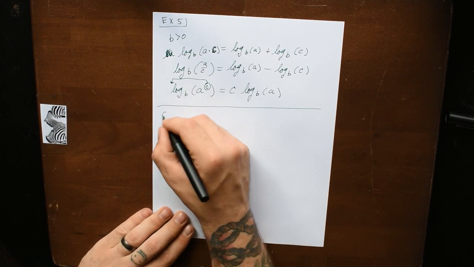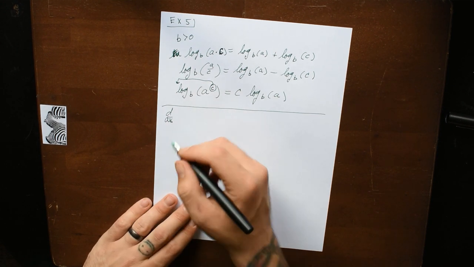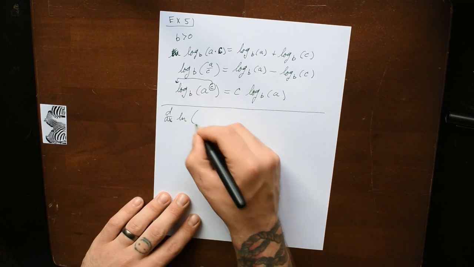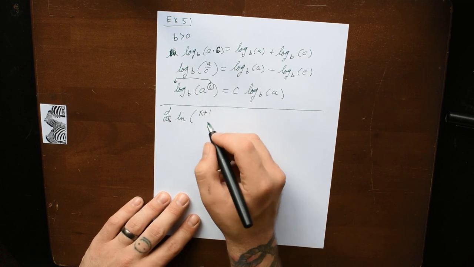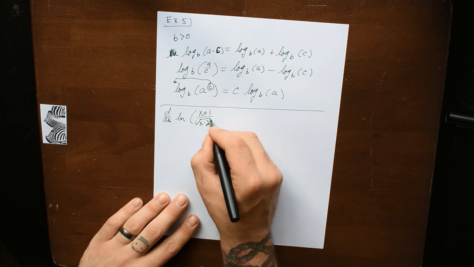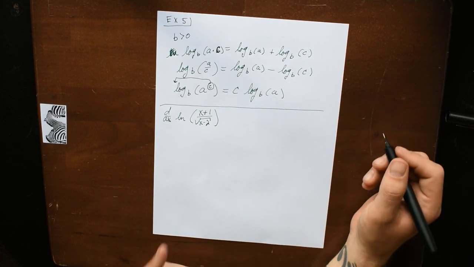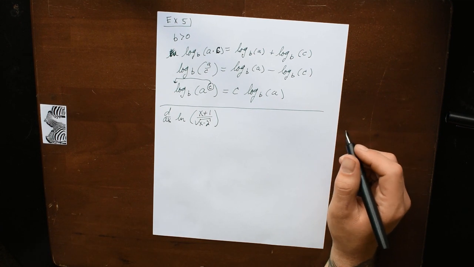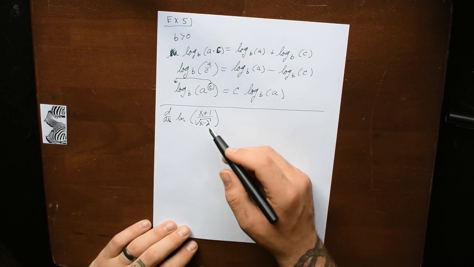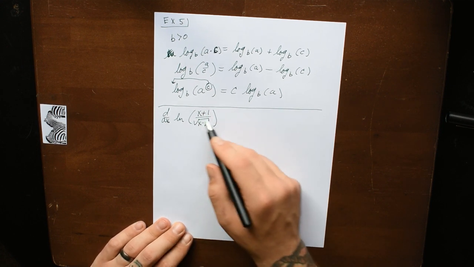especially if we wanted to take the derivative with regards to x of the natural log of x plus 1 divided by the square root of x minus 2. So, two different ways we can solve this problem. One is, well, we know that the derivative of the natural log of x is 1 over x. We have to use a chain rule here.